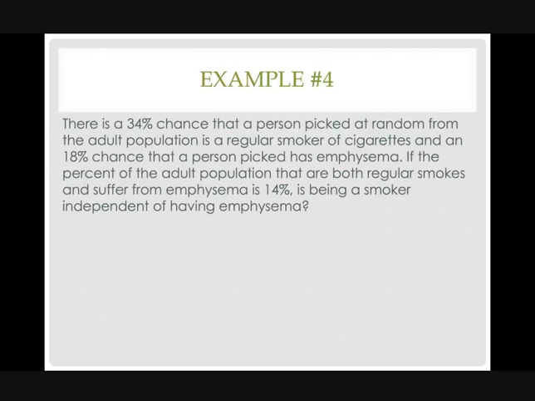So here's an example. There is a 34% chance that a person picked at random from an adult population is a regular smoker of cigarettes, and an 18% chance that a person picked has emphysema. If the percent of the adult population that are both regular smokers and suffer from emphysema is 14%, is being a smoker independent of having emphysema?